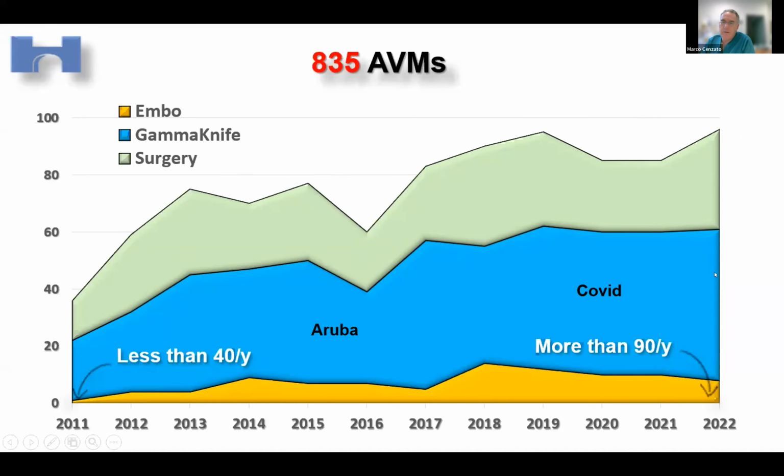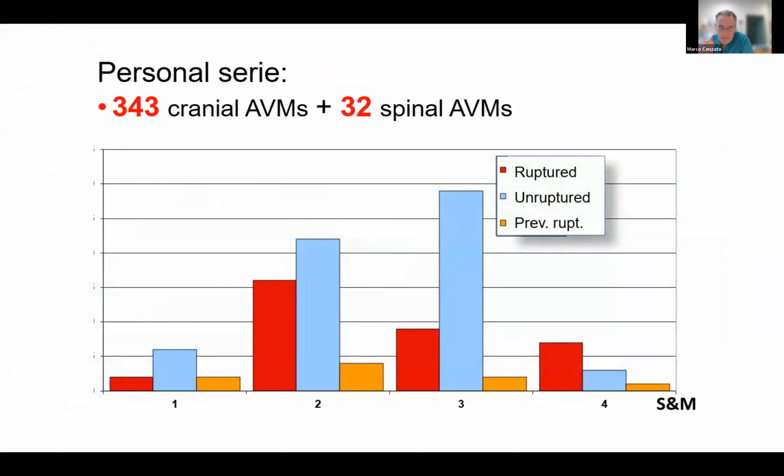As you see here, Gamma Knife has a great role but also surgery has it, while endovascular treatment is still very low as a cure and a definite treatment of AVM.